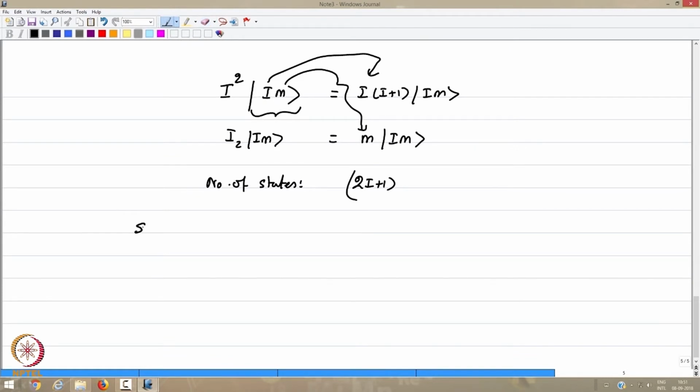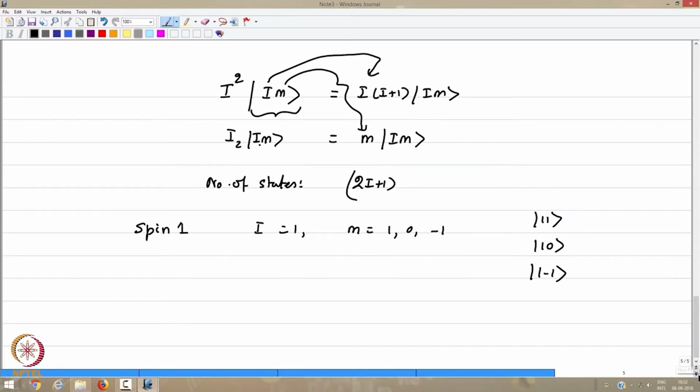Therefore, for a spin 1, we have I equal to 1 and m equal to 1, 0 and minus 1. So, we have three states: 1 1, 1 0 and 1 minus 1, with the corresponding values for the Iz operator. Iz on 1 1 gives you 1 times that, Iz on 1 0 is 0, Iz on 1 minus 1 gives you minus 1, and I square gives you 2.